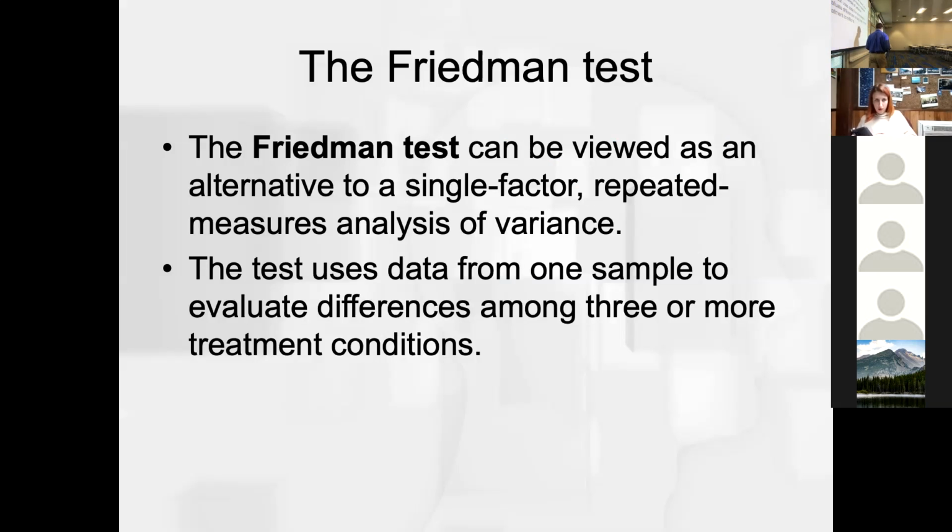All right. And the final test, the Friedman test, can be viewed as an alternative to the single factor repeated measures ANOVA. As with repeated measures ANOVA, you're using data from one sample to evaluate differences among 3 or more treatment conditions.